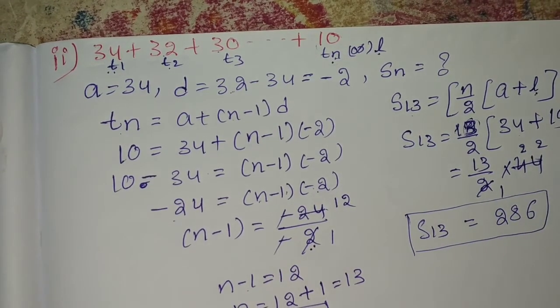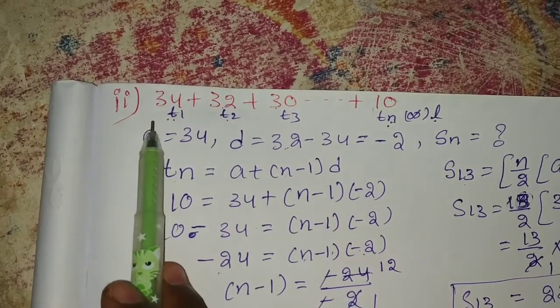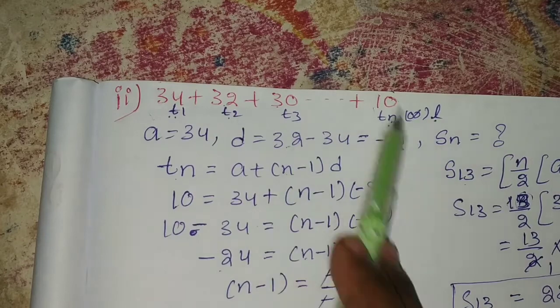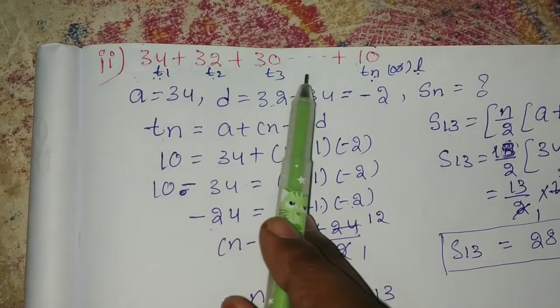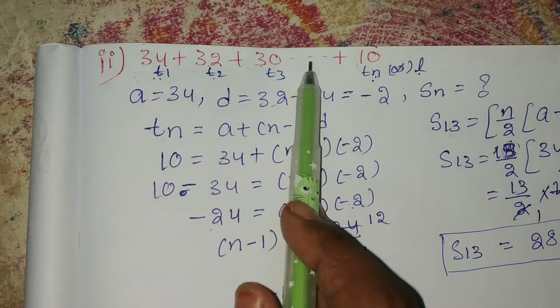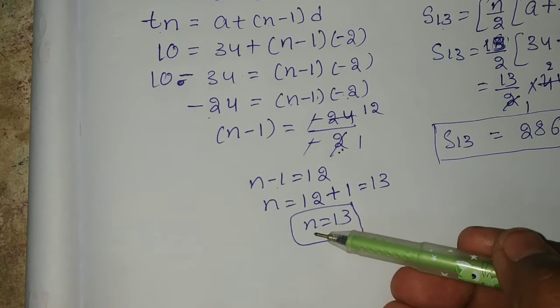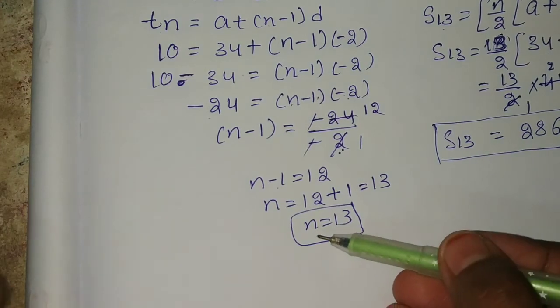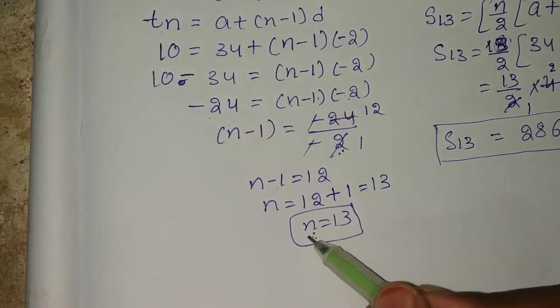In this question, they are asking us to find the sum of these terms. Before that, they did not give how many terms we have. So first we find the number of terms, that is n is equal to 13.